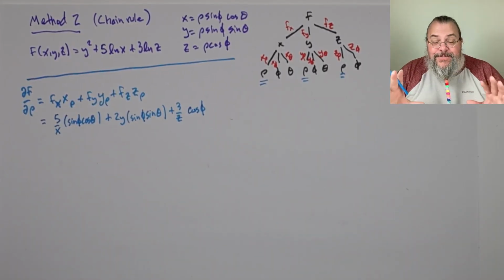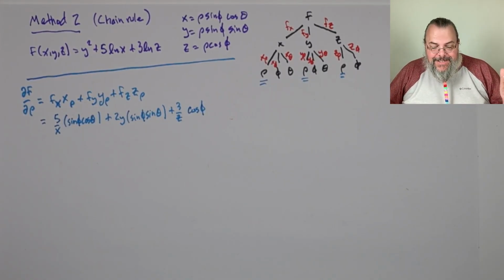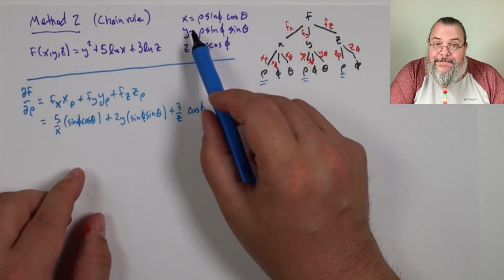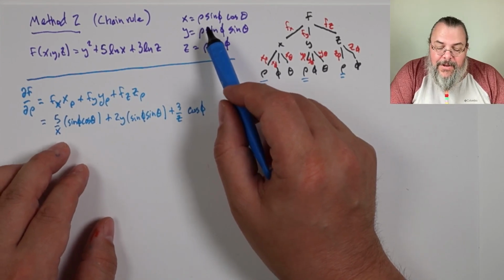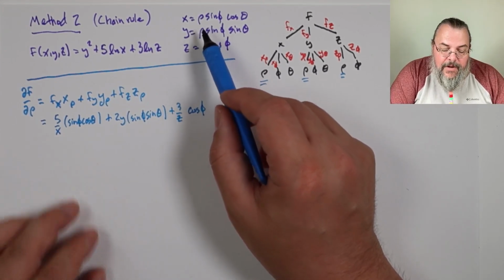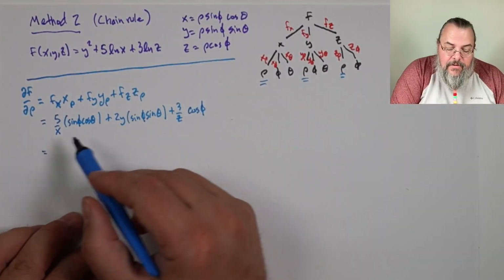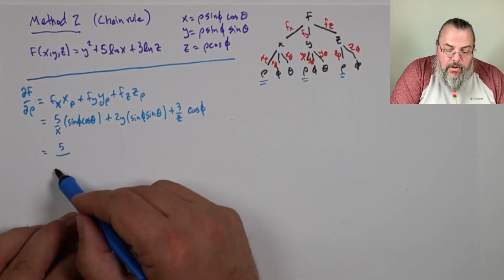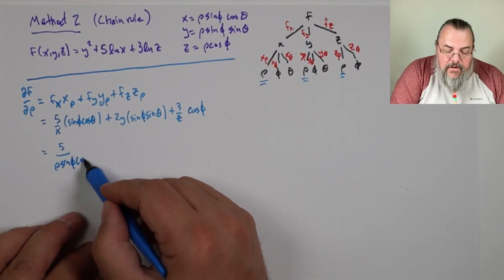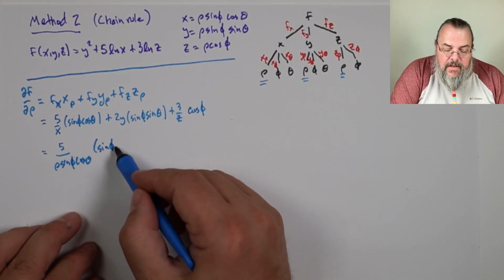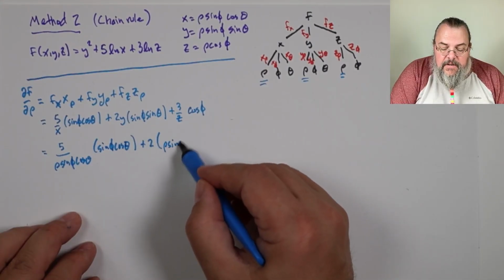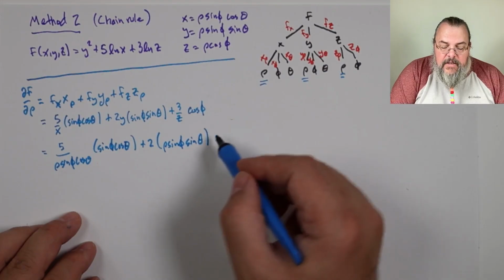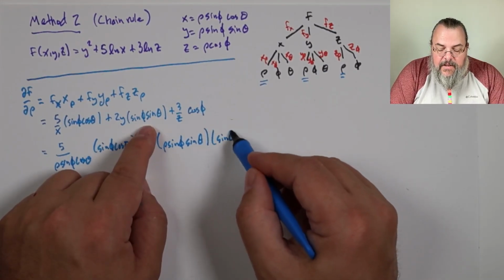We have to get everything in terms of rho, phi, theta. So how do we do that? Well, we use what we have. All right, so what does this become? Well, we need to divide by what we have. So we have x is rho sine phi cosine theta, times sine phi cosine theta, plus 2y, that's rho sine phi sine theta, times sine phi sine theta, right?